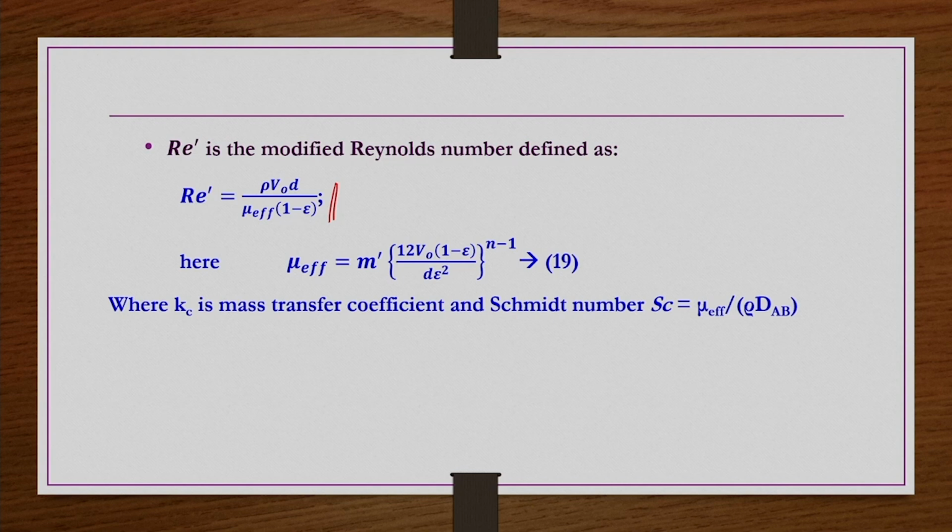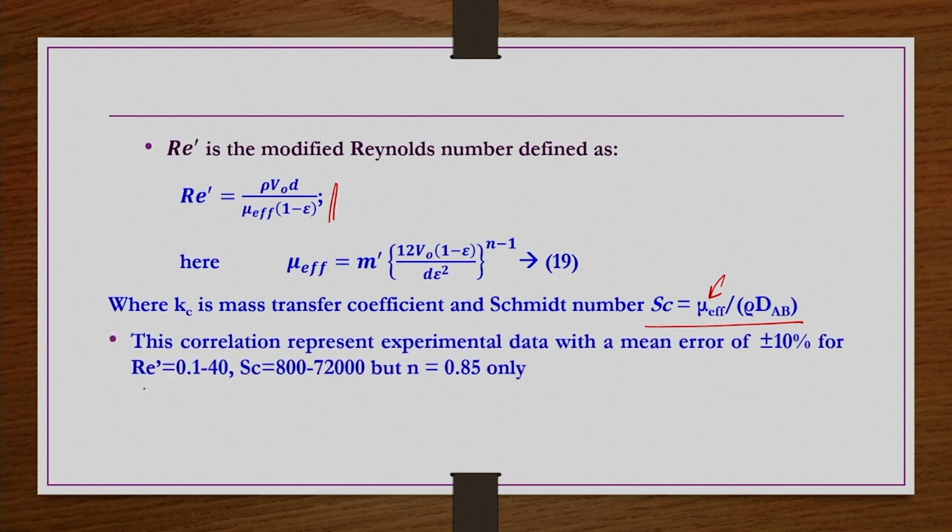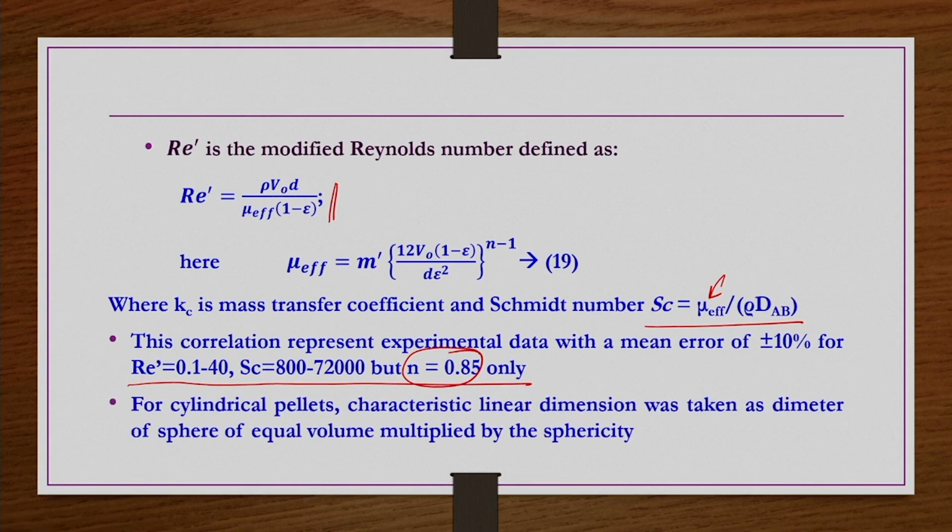Here k_c is the mass transfer coefficient and the Schmidt number is defined as mu effective by rho D_AB. The effective viscosity was used to define the Schmidt number for the j_m correlation. The range of conditions of their experiments is given here. They took only one n value, and found that their correlation was within plus or minus 10% mean error.